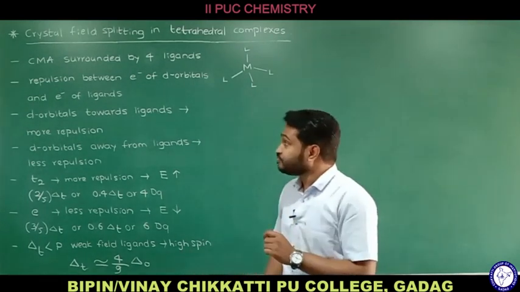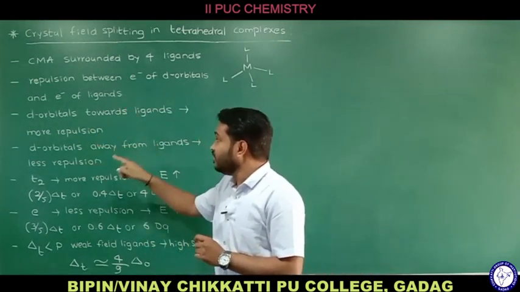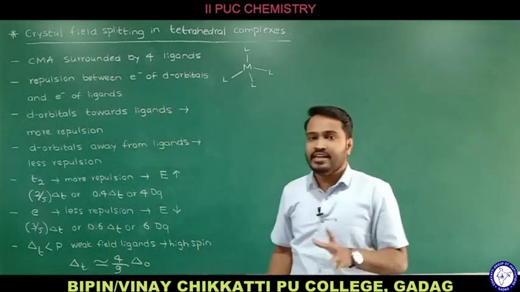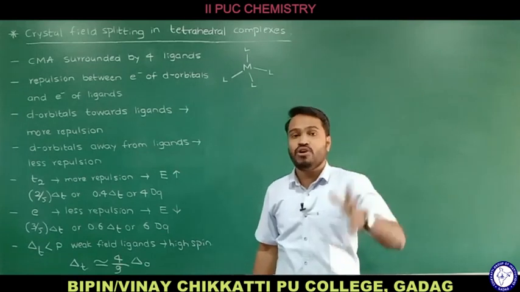If any d atomic orbital is towards the ligand, it experiences more repulsion. If it is away from the ligand, it experiences less repulsion.